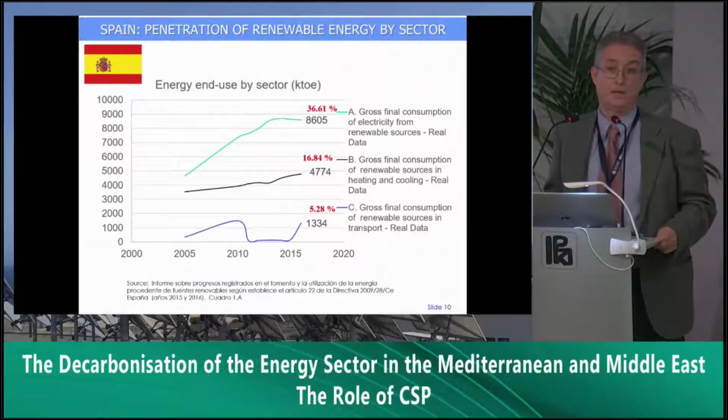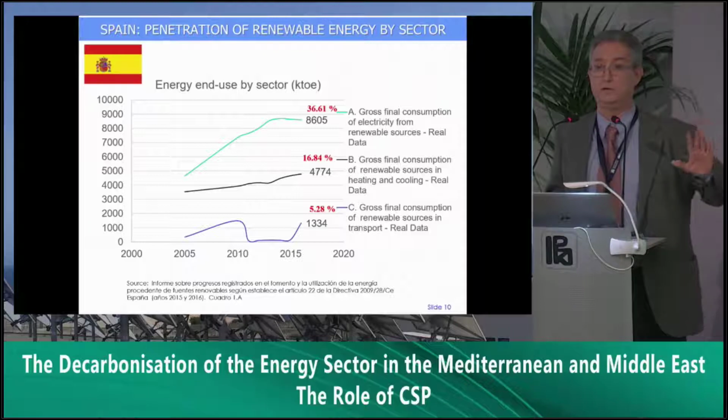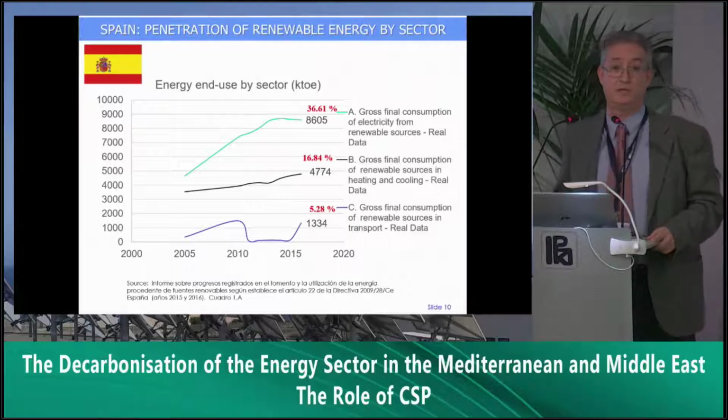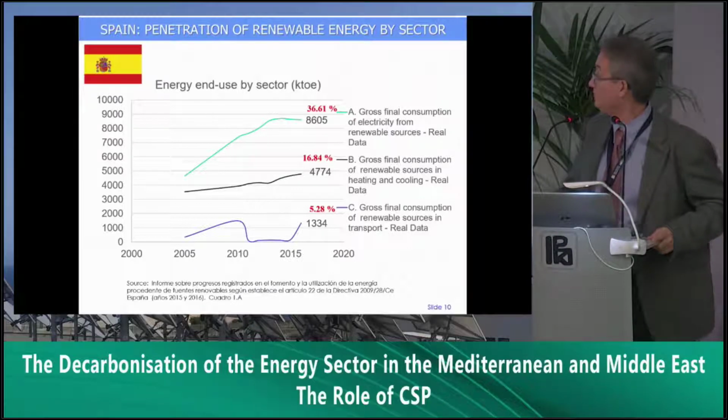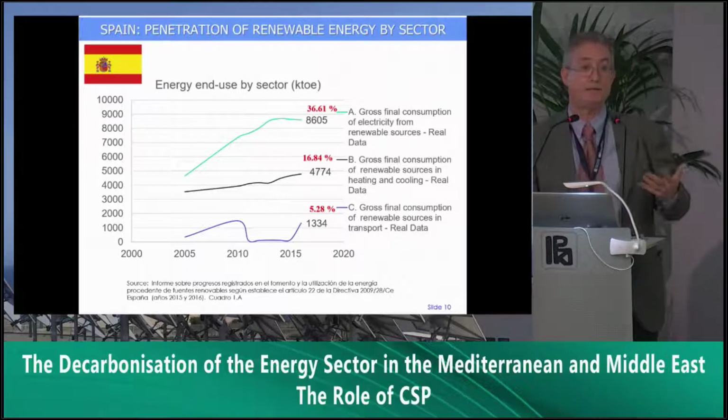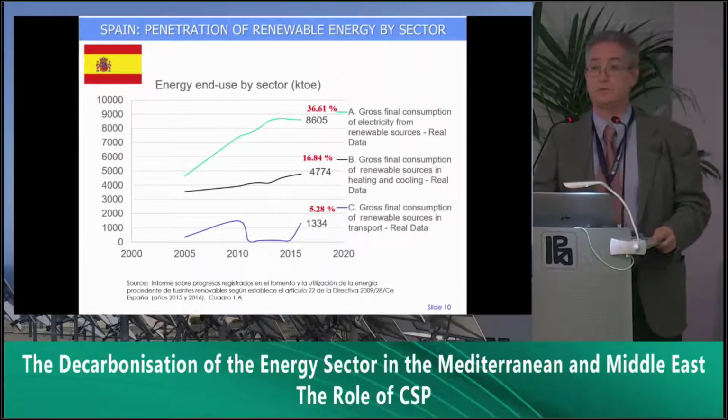So it's probably the sector where we are farthest away from achieving the current commitments for 2030 and 2040. That's why recent news are quite promising in terms of potential support from administration and authorities for alternative fuels.